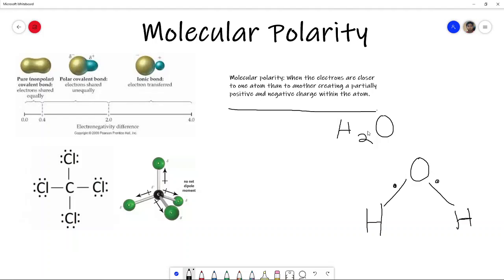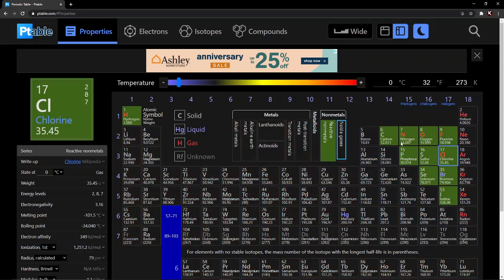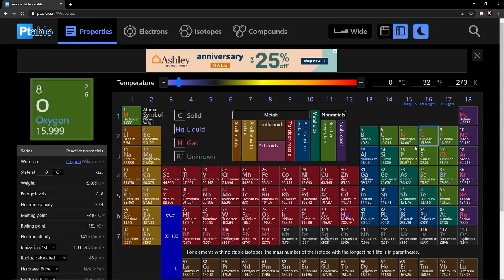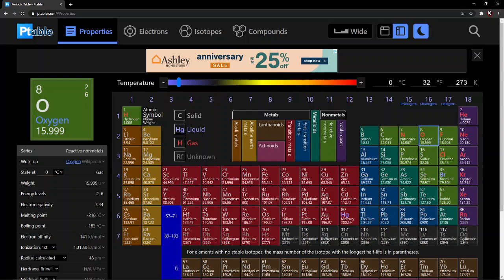Anyways, as we said, what constitutes whether a bond is polar or nonpolar? It's due to the difference of electronegativity. So let's use water as an example again. So we have H2O. To determine the difference of electronegativity, we first need to get one atom's electronegativity, which is 3.44, and the other atom's, which is 2.20.